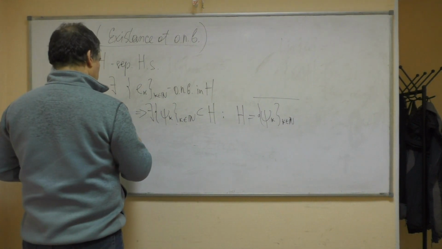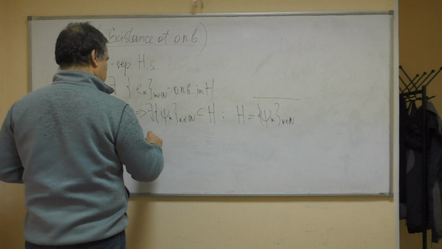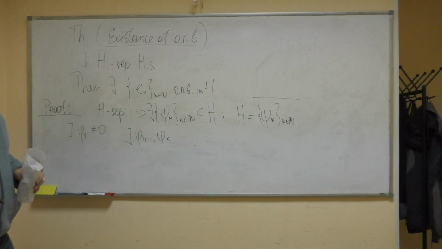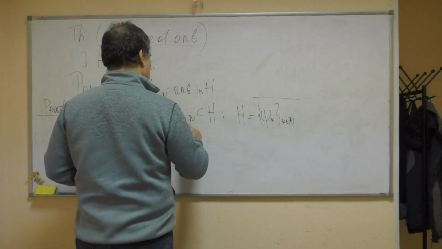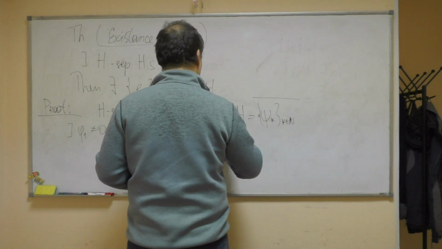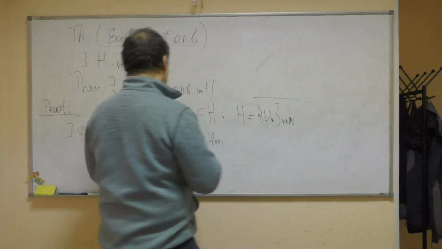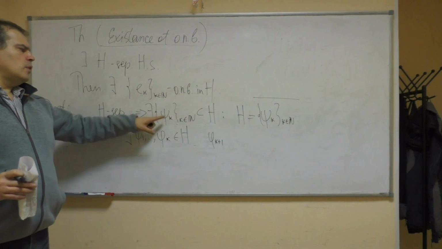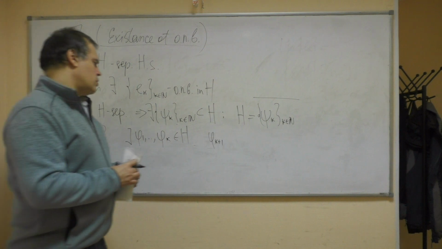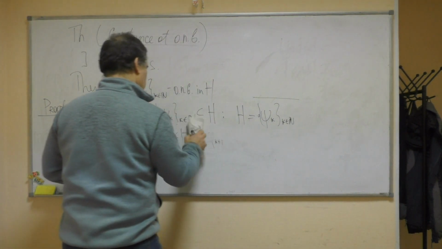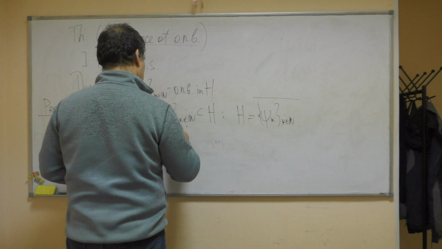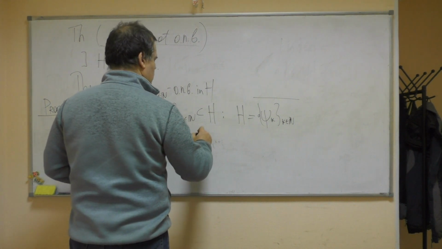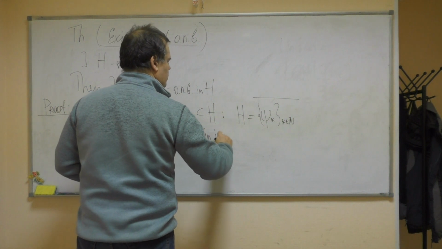And if we have already chosen k elements, then phi k plus 1 is the first element of this sequence such that such a system is linearly independent.